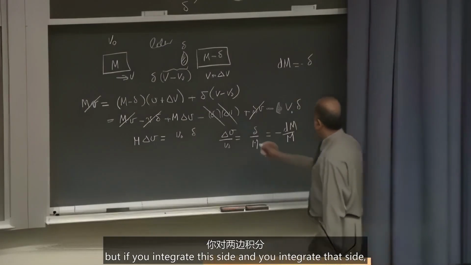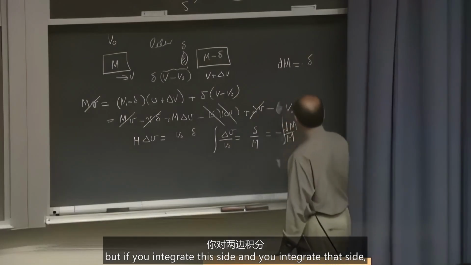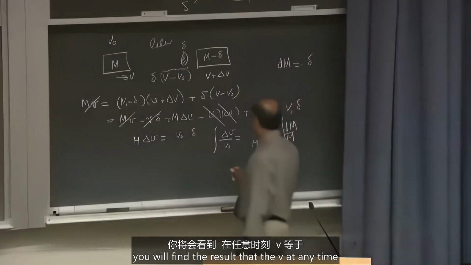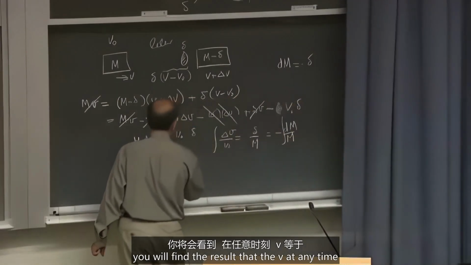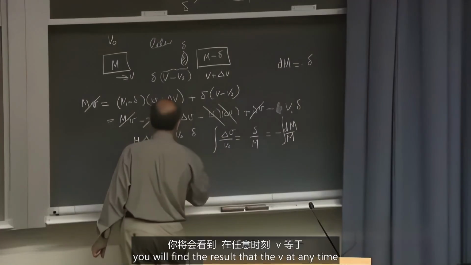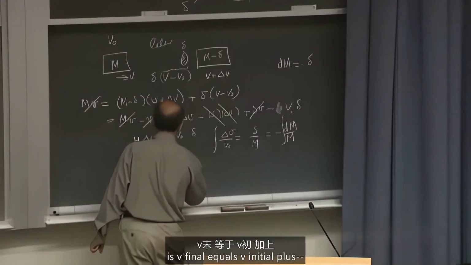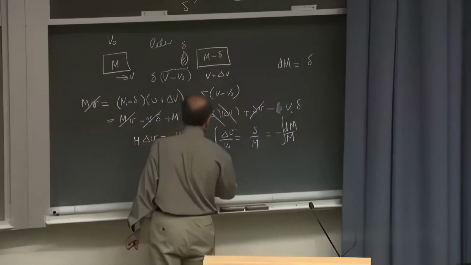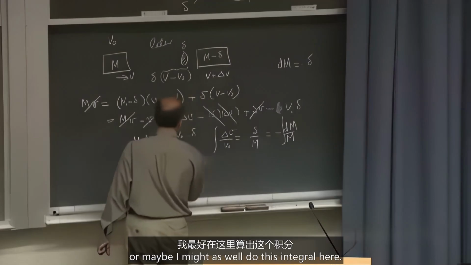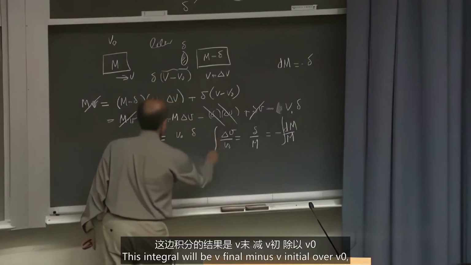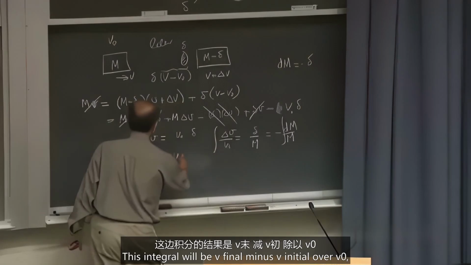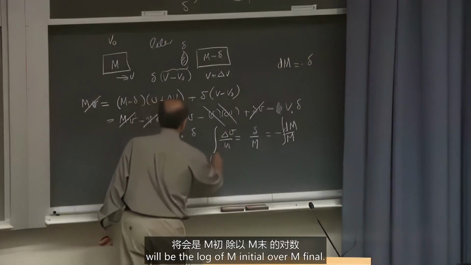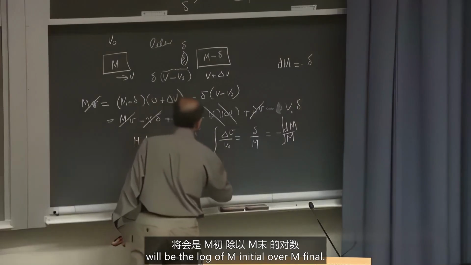If you integrate this side and you integrate that side, and you know dm over m is a logarithm, you will find the result. This integral will be v final minus v initial over v0 will be the log of m initial over m final.